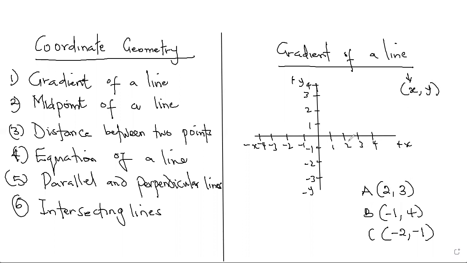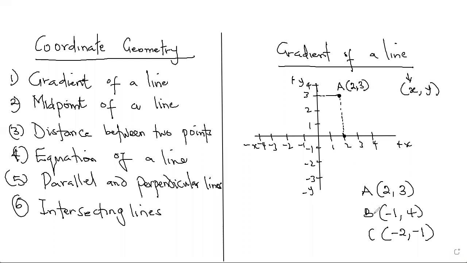So on the x-axis, you go to positive 2. Then on the y, you keep going towards the positive y until you get to 3. The point of intersection of the two lines will give you point A, which is (2, 3).